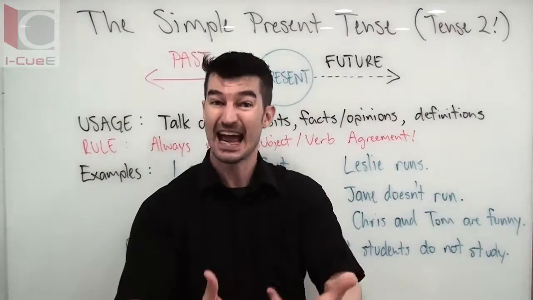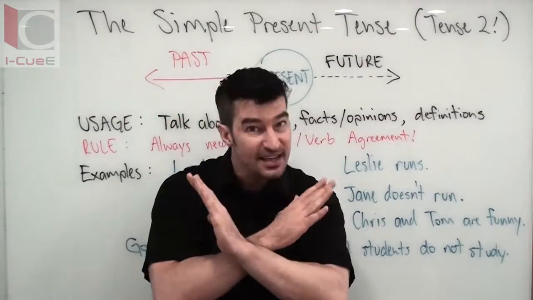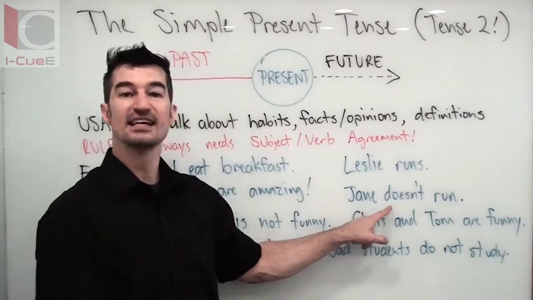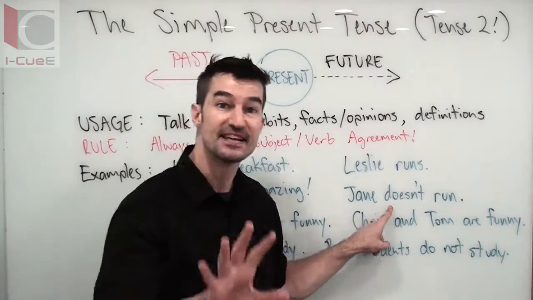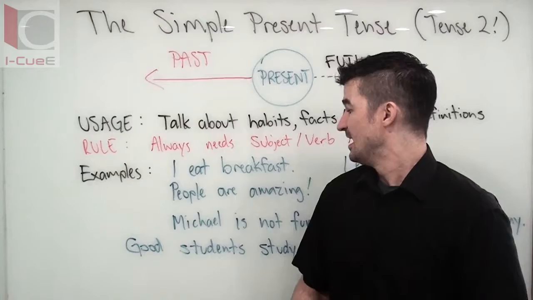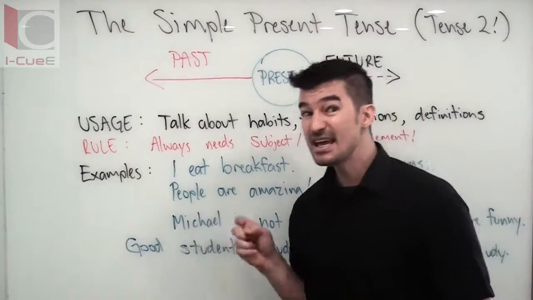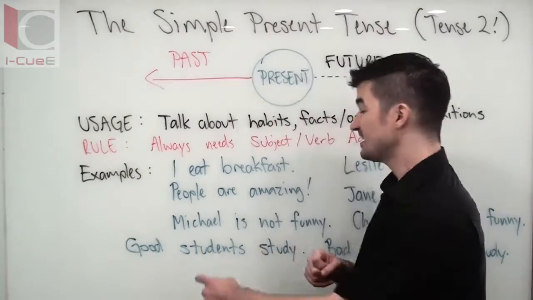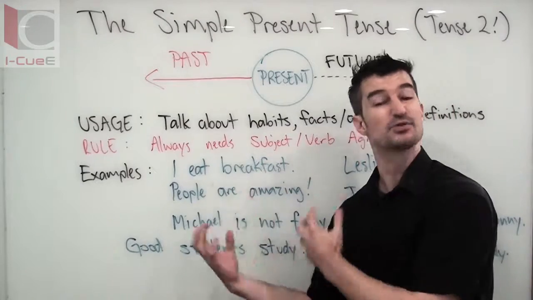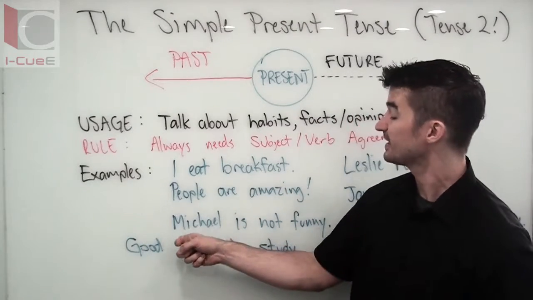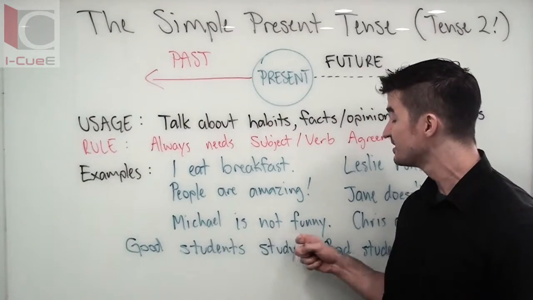And when you negate or say that something is not, does is always going to be the first word, if it's an action verb. If it's going to be a being type verb, then it's going to have some sort of description after, and we would have something like this. Michael is not funny.